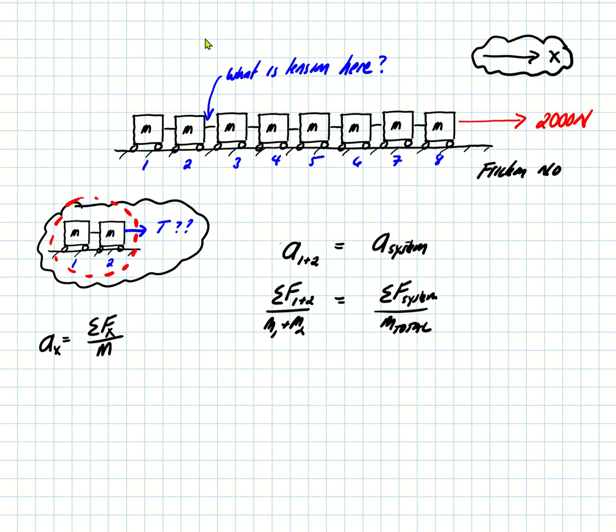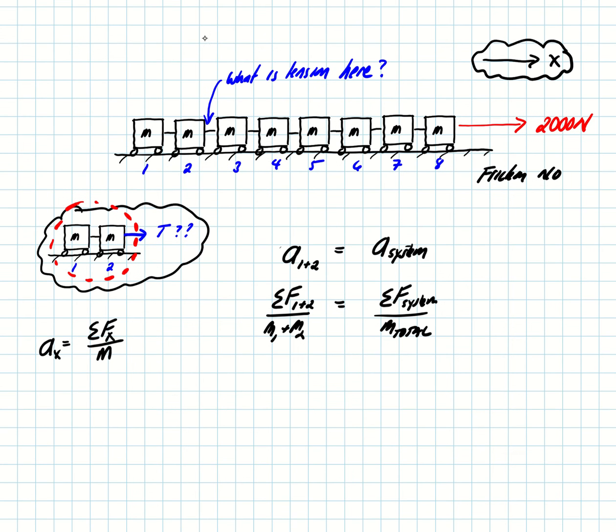Let's go back and say that's T1 plus 2, the tension on cars 1 and 2. That's actually what we're asked for. And then the total mass is going to be m plus m, that's 2m.